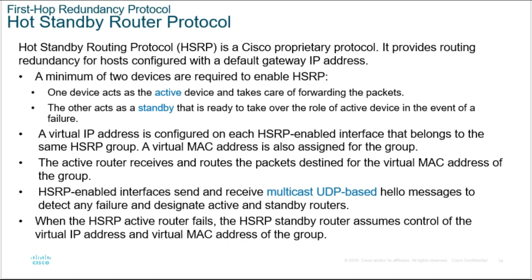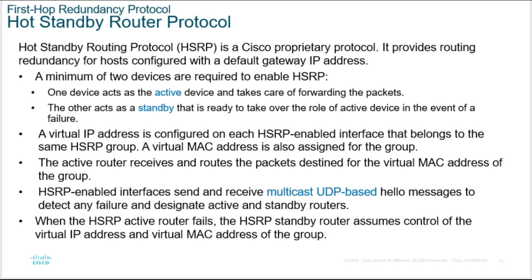So then, in a normal operation, the router that is active will be forwarding the packets when a PC forwards the packets from itself to the virtual MAC address. So in order for the routers in the same HSRP group to communicate, HSRP uses a multicast UDP hello message.